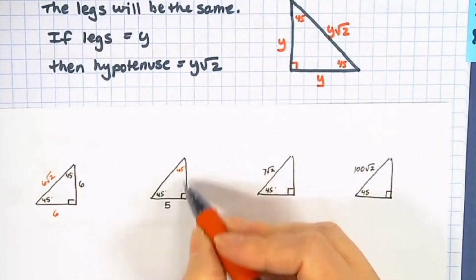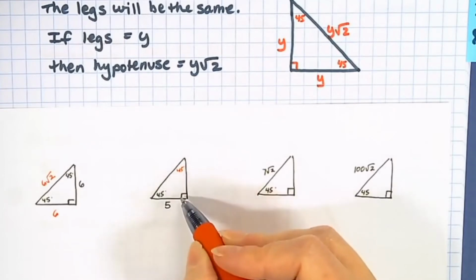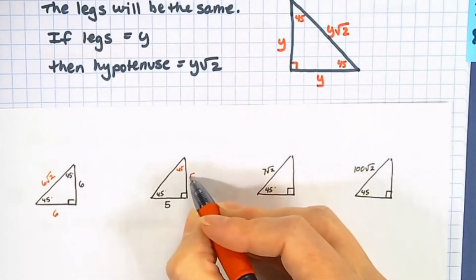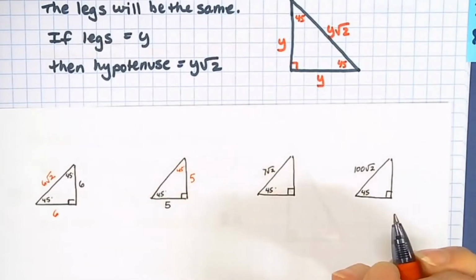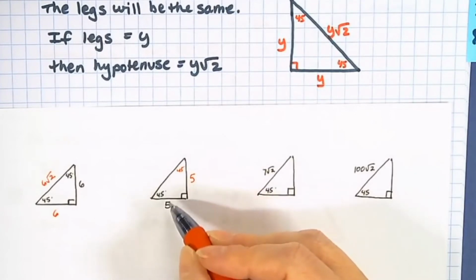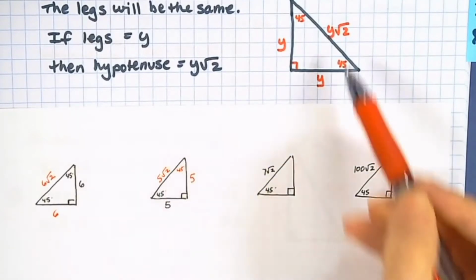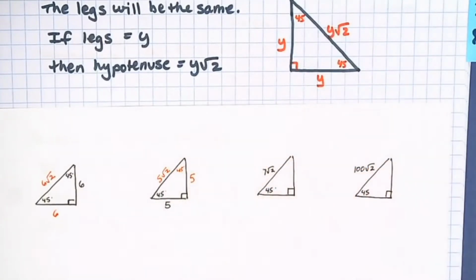So once again, the legs of my right triangle, in this case, since it's a 45-45-90, the legs are equal, so this side is also 5. The hypotenuse is across from the right angle, so it's a leg times root 2, so my hypotenuse is just 5 root 2. I'm using the pattern. I'm not actually doing any calculations.